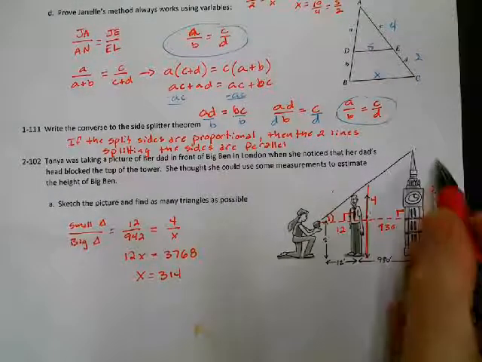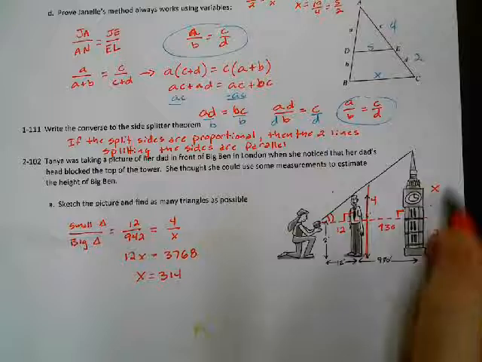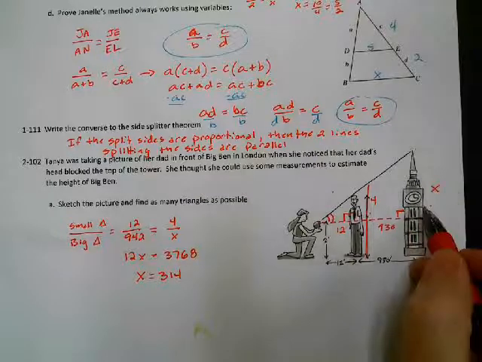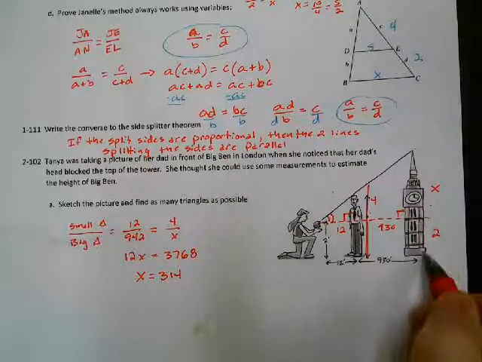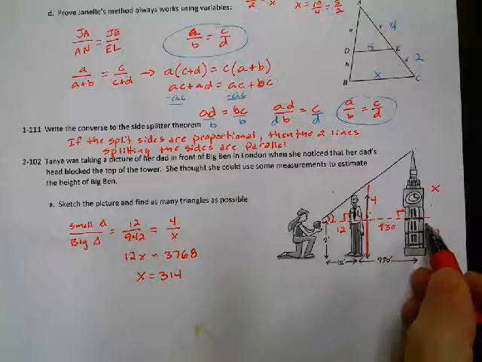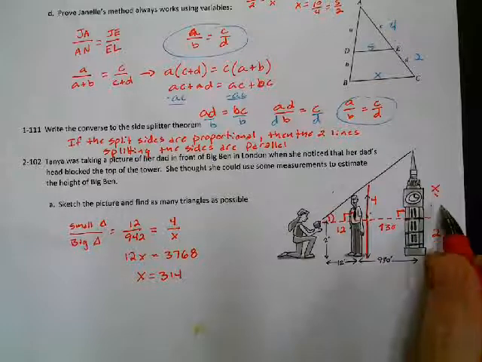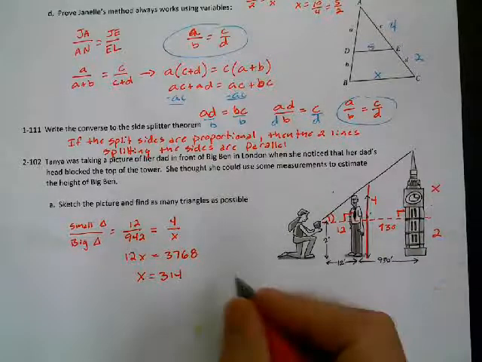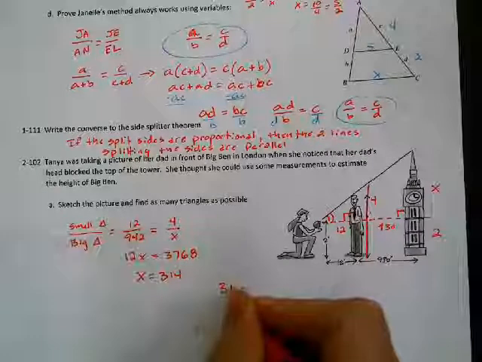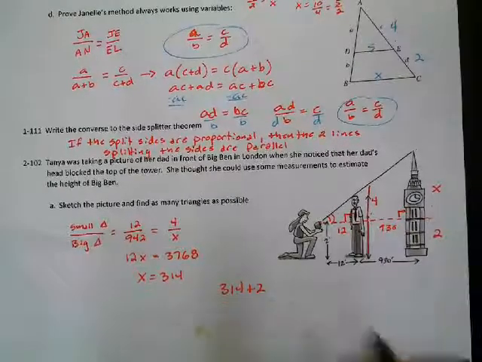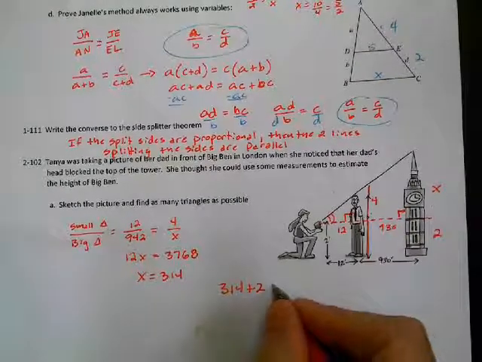This part is 314. The entire height, since the camera's 2 feet off the ground, we'd have to add 2 feet to find out what the height of Big Ben is. So the height of Big Ben is 314 plus those 2 feet. So it is going to be 316 feet tall.